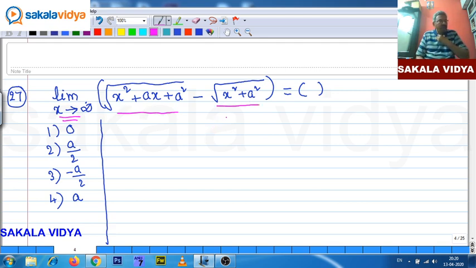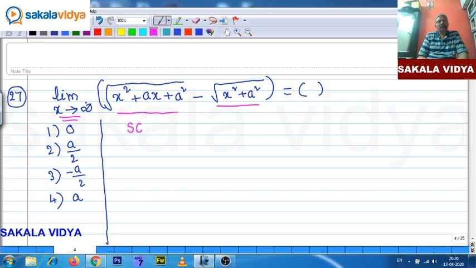It is better to rationalize the numerator, with the help of root of x square plus ax plus a square plus root of x square plus a square. After that, exactly correct what you said, x square we need to take common. Let us do it now.